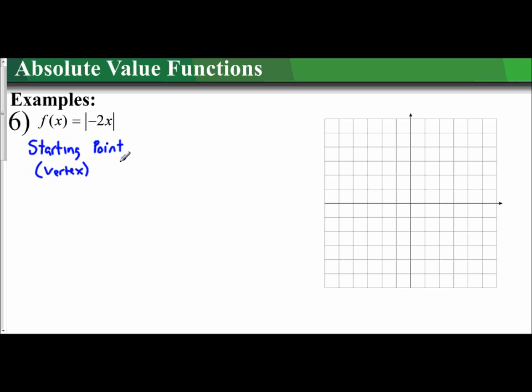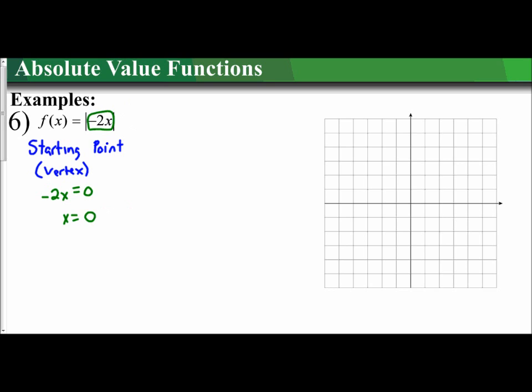Now, to find the starting point, you take whatever expression is inside the bars, so that would be here, negative 2x, and set it equal to 0. So if I solve this, I get x equals 0. That means the vertex for this function is at x equals 0.